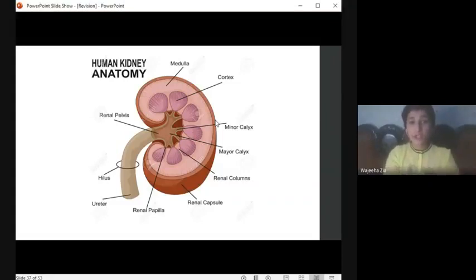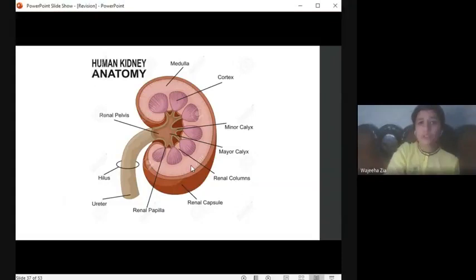At the junction of the pelvis and the ureter, there is a small angle that is known as the hilum or the hilus. You can say this one is the hilum, this is the angle. This angle allows the movement of urine from the kidney to the ureter, but it doesn't allow it to go back to the kidney. So the outer part is cortex, then the medulla, and then there are two parts, the minor and the major calyx.